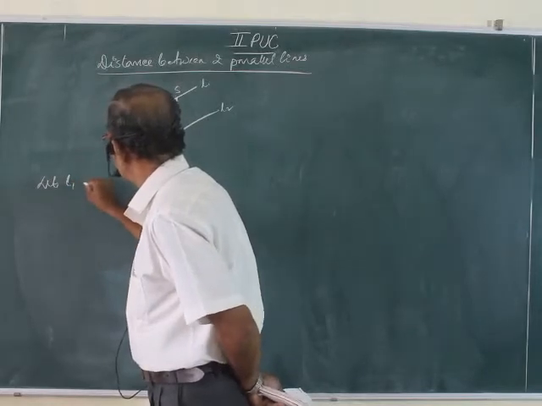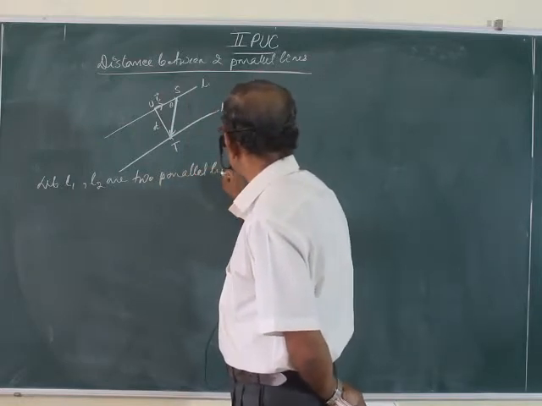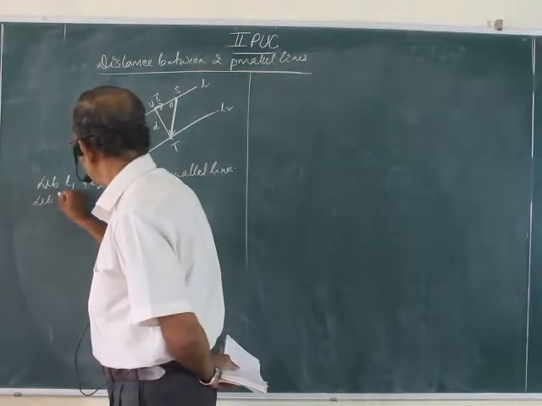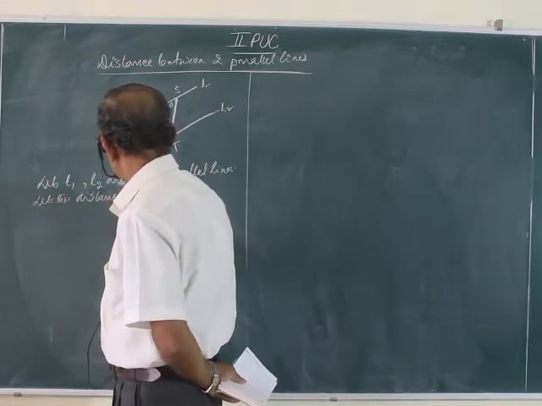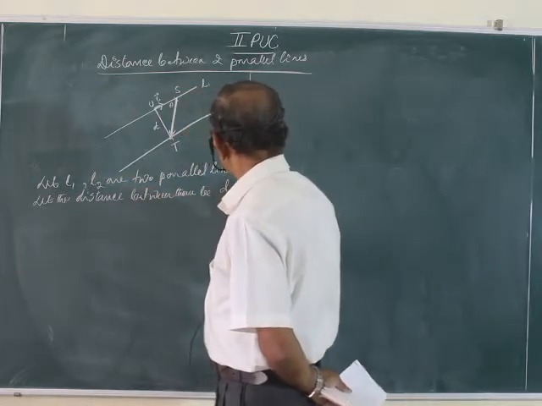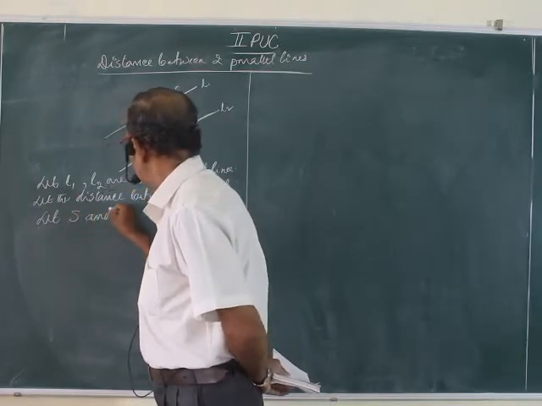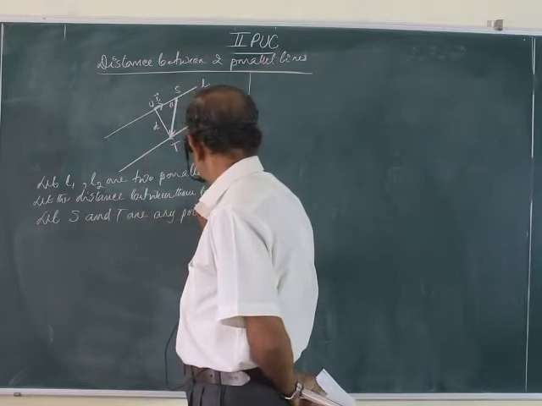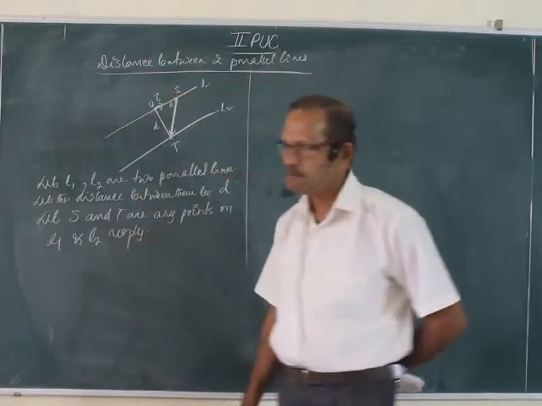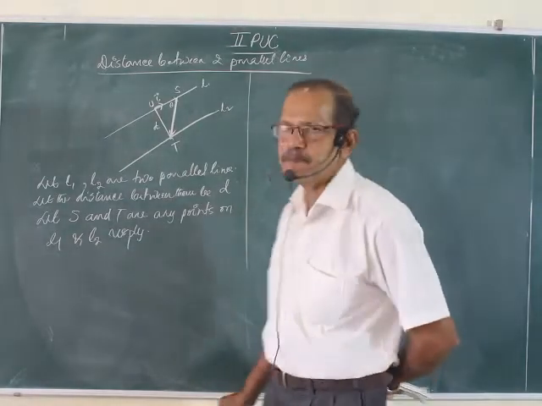Let L1, L2 be two parallel lines. Let the distance between them be D. Let S and T be any two points on L1 and L2 respectively.